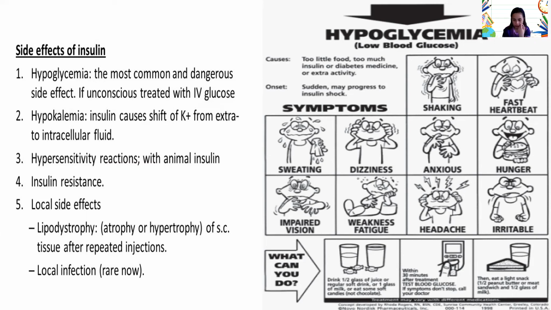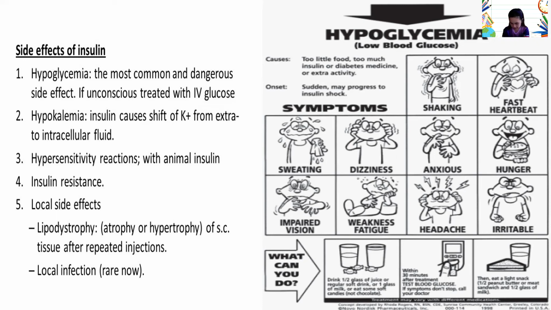So, anong pwede mong gawin sa kanya? What you can do is, pag nag-hypoglycemia ang patient mo, pag sinabi natin cold and clammy, needs some candy. So, ang pwede mong treatment sa hypoglycemia patient is you give a hard candy or any simple sugar can do, like glass of juice, regular soft drinks, 1 glass of milk, eat some soft candies, not chocolate.